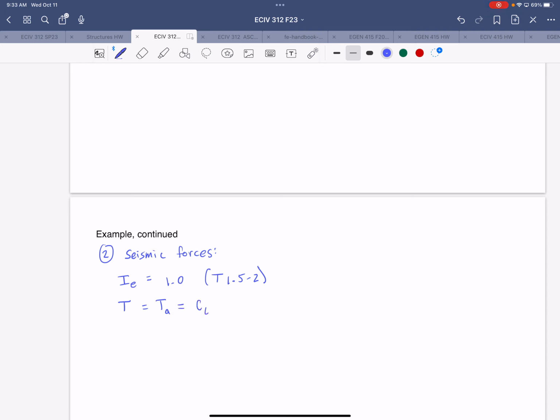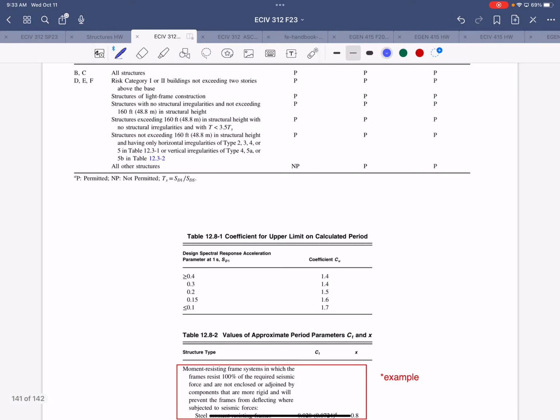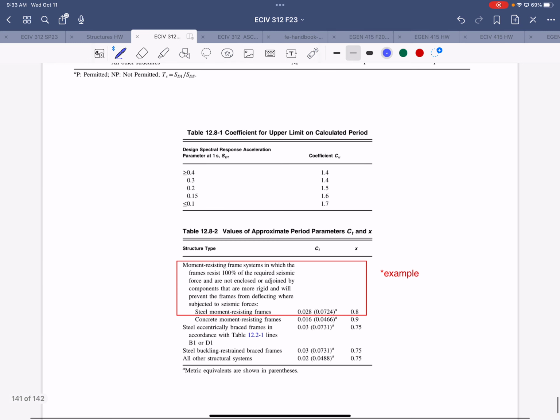That's going to be equal to a coefficient CT times HN raised to the exponent X. From table 12.8-2, which is the third page of tables in the handout, this table right here is where you go to find CT and X.